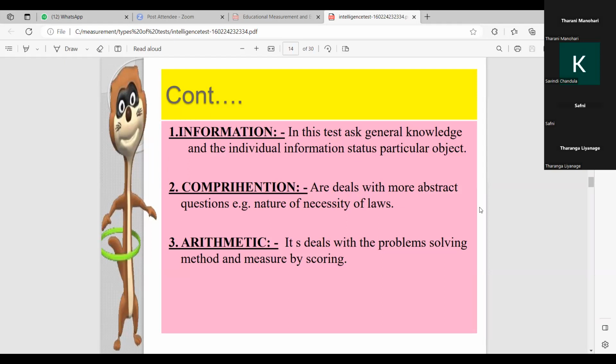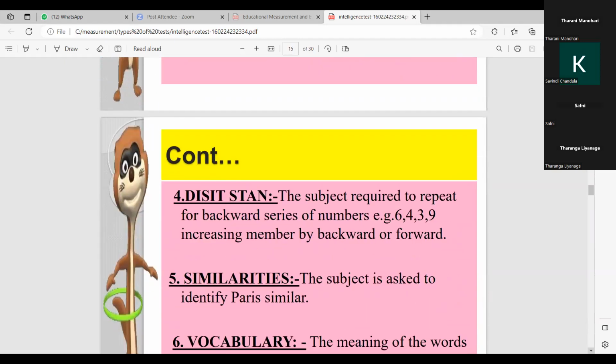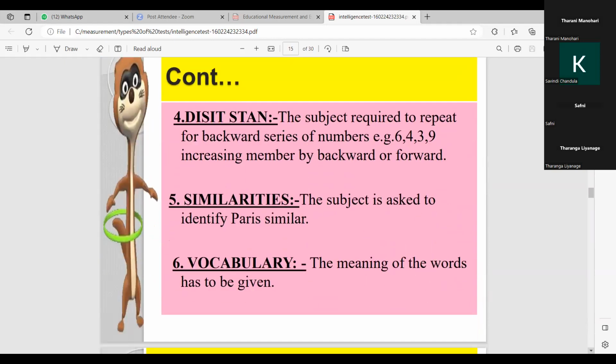Then we have comprehension tests. They deal with more abstract questions. We have arithmetic tests dealing with the problem solving method, measures of scoring, etc. It's digit span.